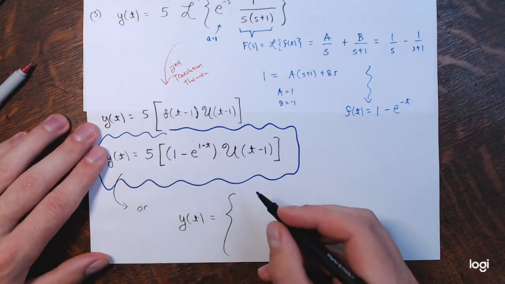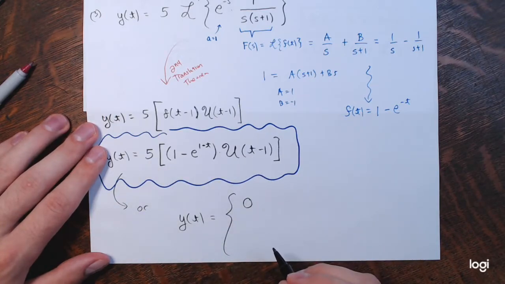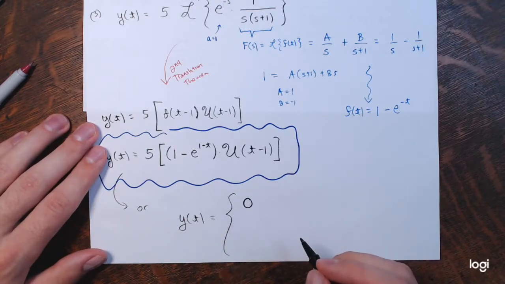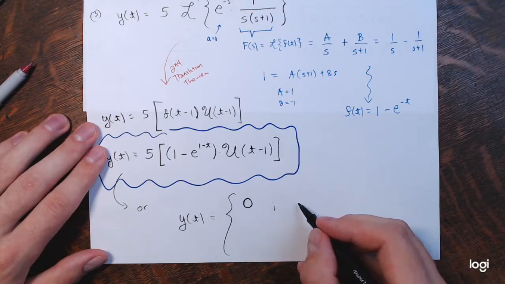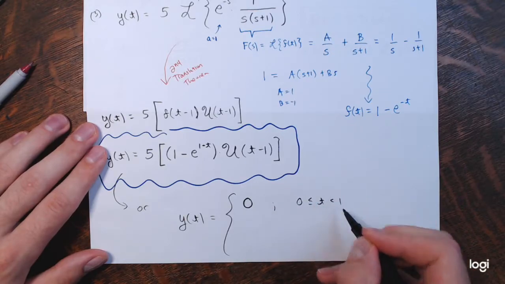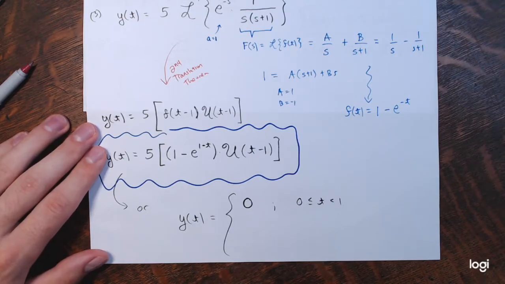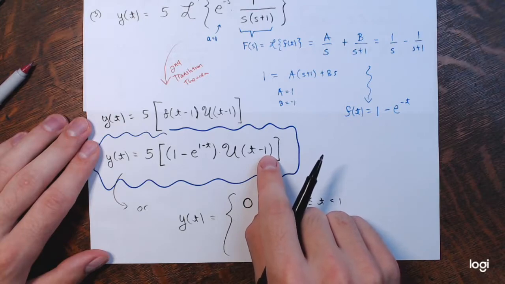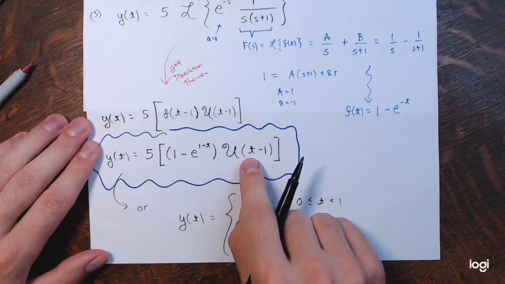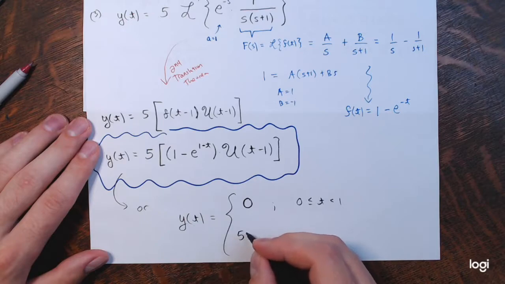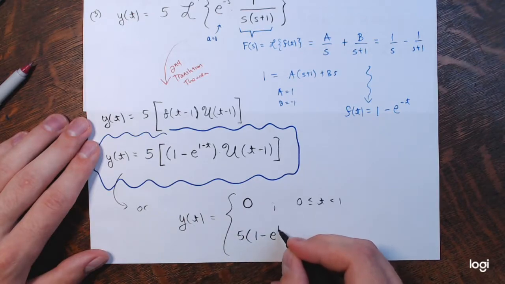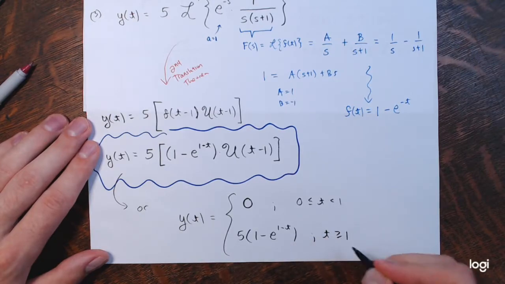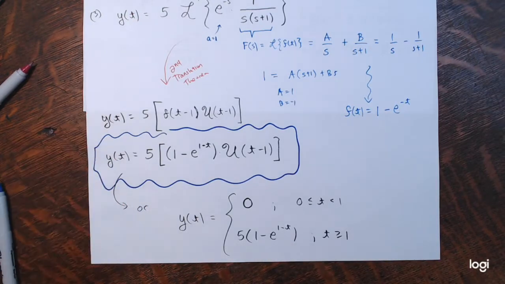So it'll be 0 when t is between 0 and 1. But then when t is 1 or greater, the value of the unit step function is 1, and so you're left with 5 times the quantity 1 minus e to the 1 minus t. This is when t is greater than or equal to 1. You could write it as a piecewise defined function as well, if you wished.